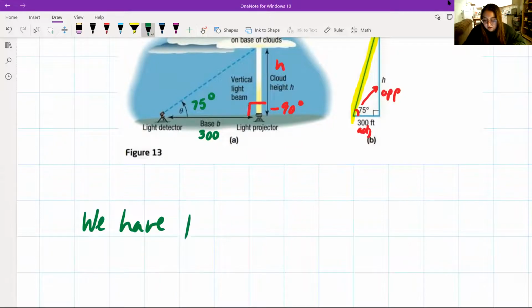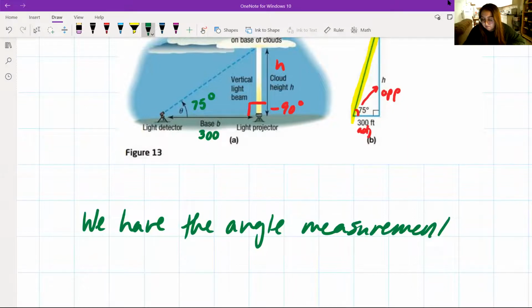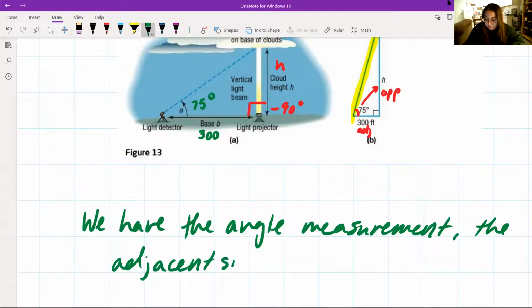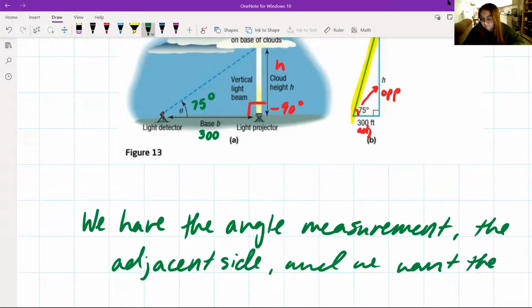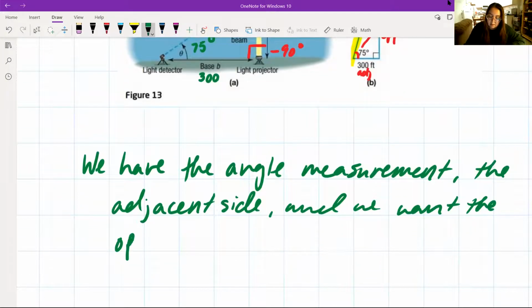So we have the angle measurement, the adjacent side, and we want the opposite side.